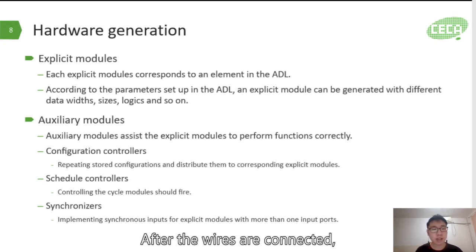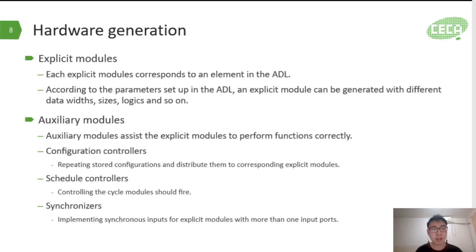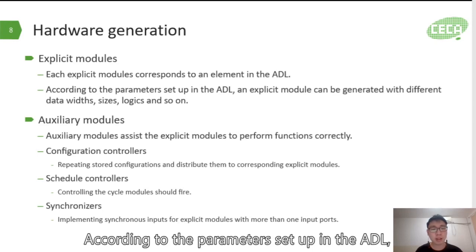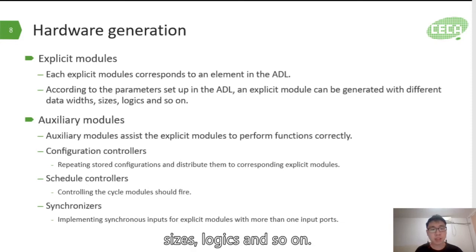After the wires are connected, a Chisel top design is produced, which can generate the RTL code and enable cycle-accurate simulation. According to the parameters set up in the ADL, an explicit module can be generated with different data widths, sizes, logics, and so on.